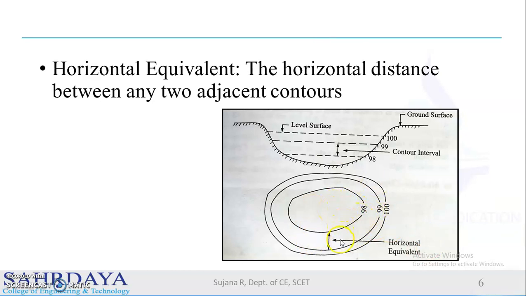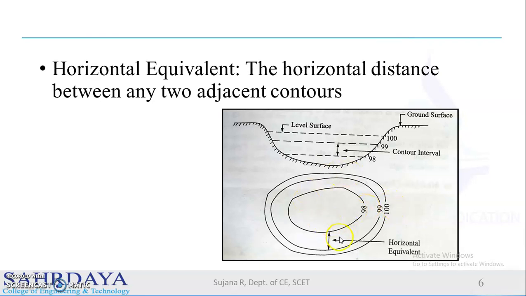If you take this figure, you have contours for 98, 99, 100, etc. According to this figure, the contour interval is 1 meter, because after the contour for 98 you have 99, then 100. So the contours are at an interval of 1 meter.